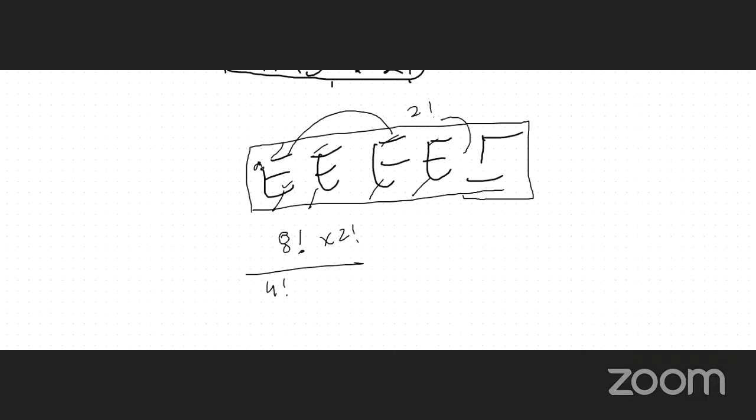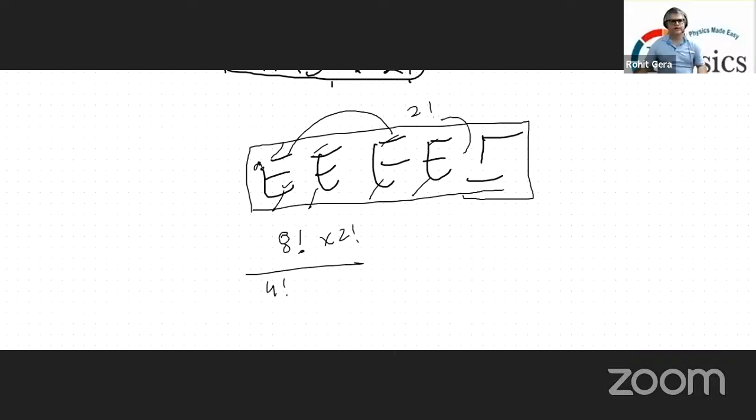नहीं, एक मिनट. 2 factorial क्यों लिखा आपने?